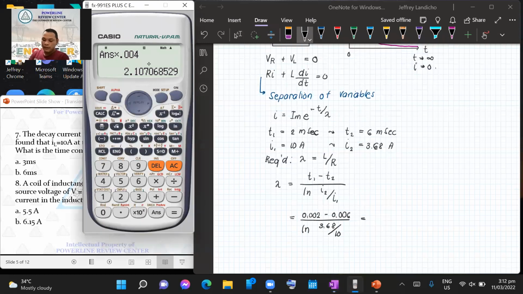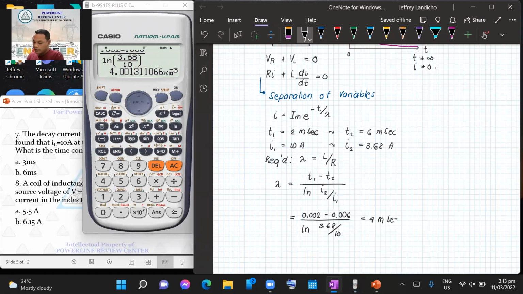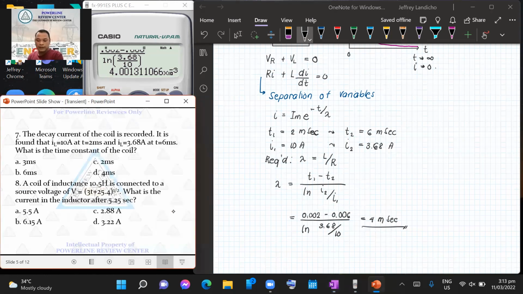So the time constant for this given circuit would be 0.002 minus 0.006 divided by the natural log of 3.68 divided by 10. So we have a final answer: 4 times 10 raised to negative 3, or that is also 4 milliseconds. So that would be the time constant for this given circuit.